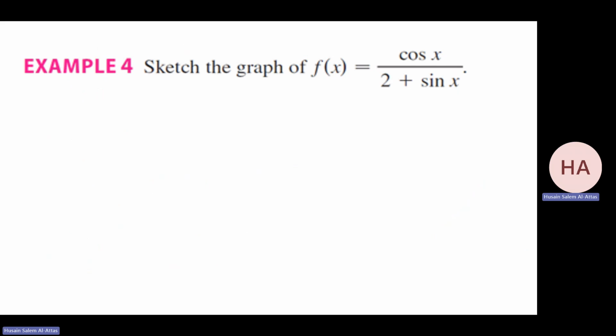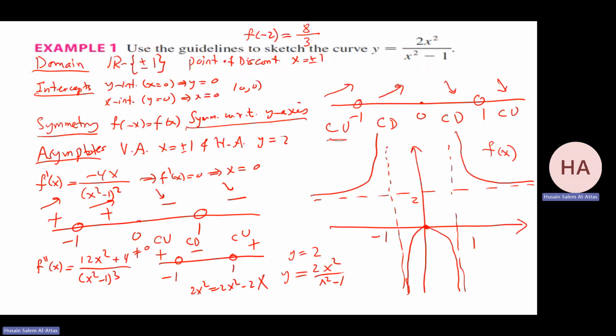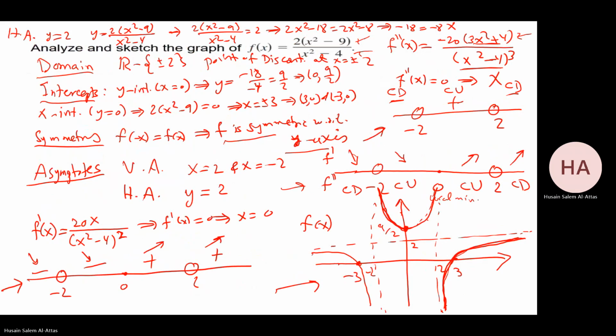Another function. By the way, in all of these functions, you can be asked, for example, what is the domain, what is the range of the function? Is there any absolute maximum, absolute minimum? For example, this one has no absolute maximum, no absolute minimum, since it goes to plus or minus infinity.